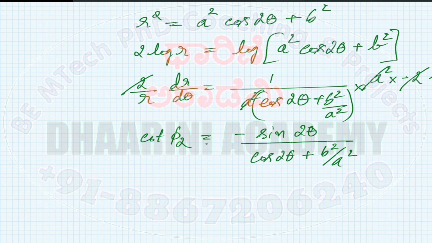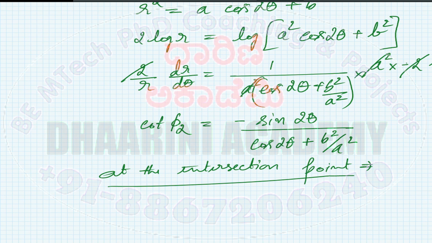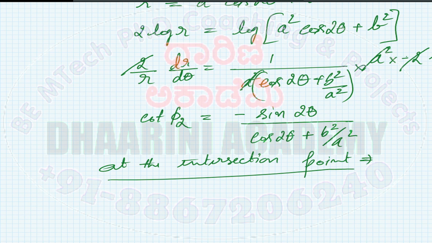I need to find out the point of intersection. So at the intersection point I need to equate both of them, right? So you see a difference here. The functions are same, that is true, but in the previous cases both were r equal to something.